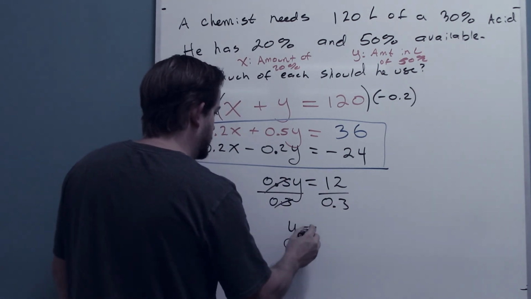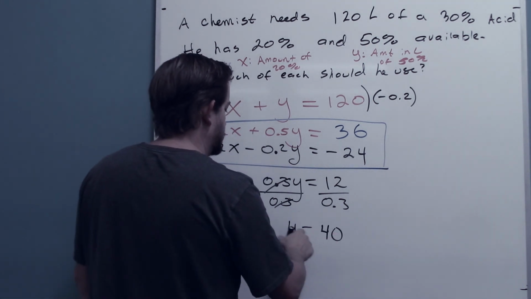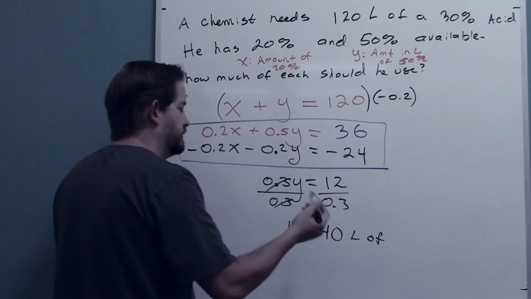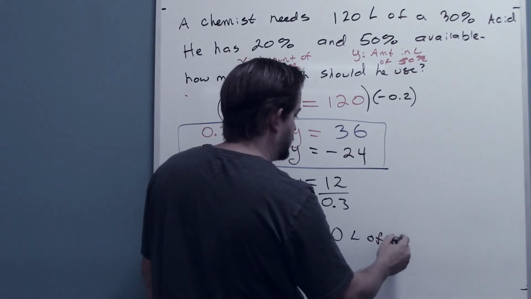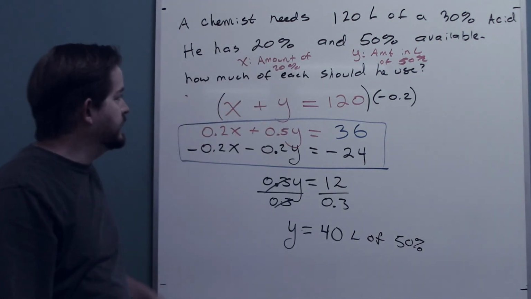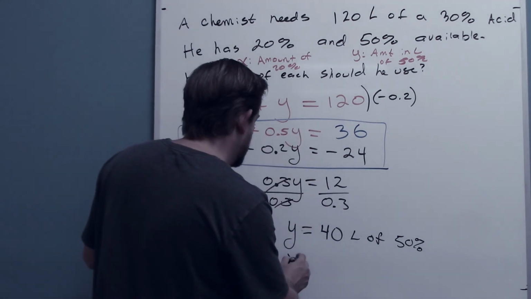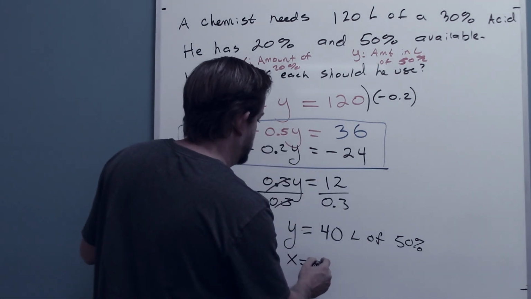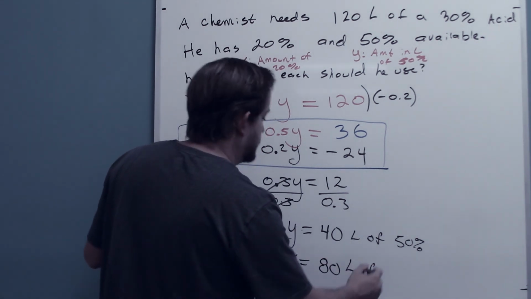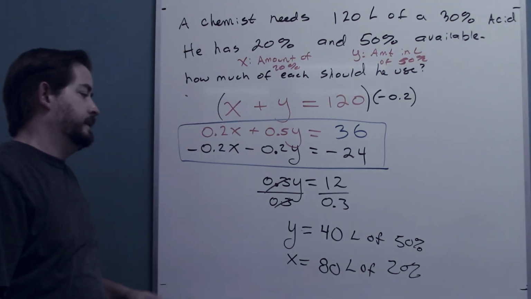That gives me y equals 40. And so I should be using 40 liters of, and if you recall, we said the y was the amount of 50%. So 40 liters of 50% acid. The difference, 120 minus that 40, that gives us x is 80 liters of the 20% solution. And we have our solution.